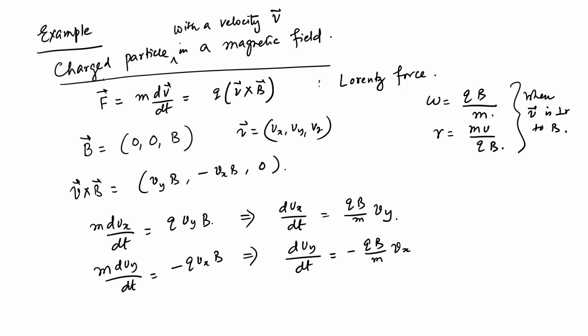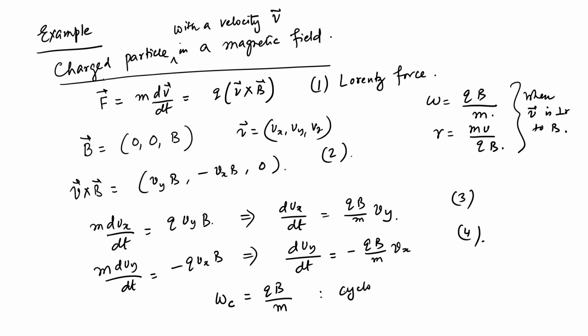Let me number these equations: 2, 3 and 4. So, 3 and 4 are the equations of motion. We can make a simplification of writing this as omega c, to say that this is a cyclotron frequency.